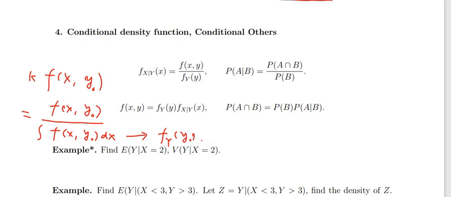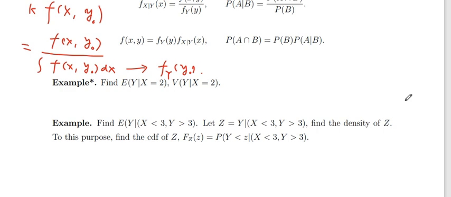So the idea is quite the same. Here we also have conditional distributions. The conditional idea is just that: fix this, then make this a density function. For such a problem, like we want to find this, we fix x equal to 2. So what is the density function for y?